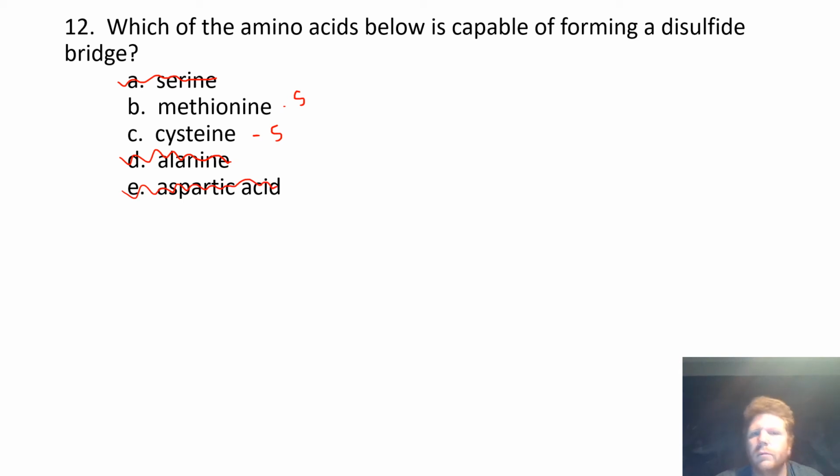So we are down to methionine and cysteine, and this is just a matter of, do you know your structure for methionine, which is going to have a sulfur followed by a CH3, or cysteine, which has a sulfhydryl group. So cysteine is a residue that's capable of forming the S-S bonds. Within a polypeptide strand, the cysteine residue can form those bonds.